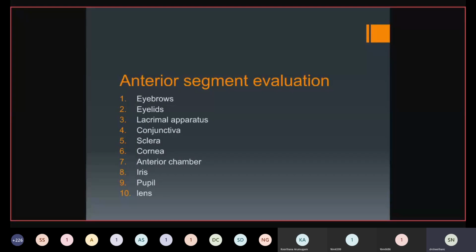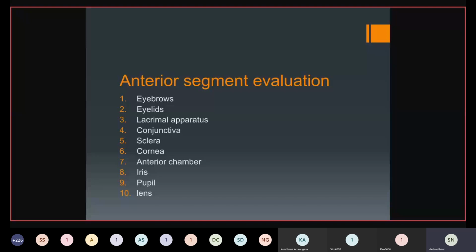But if the endothelial cell loss is too much, then the cornea will not remain clear. It loses its transparency. So we have to be careful in people with lesser endothelial cell count. So we take extra precaution during surgery, and we protect the endothelium during the surgery.